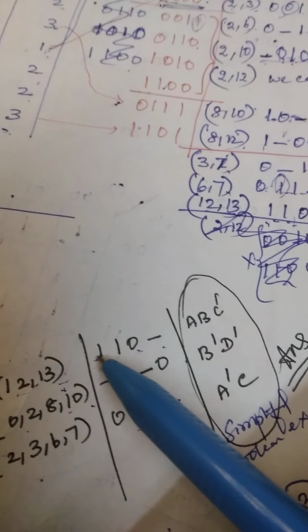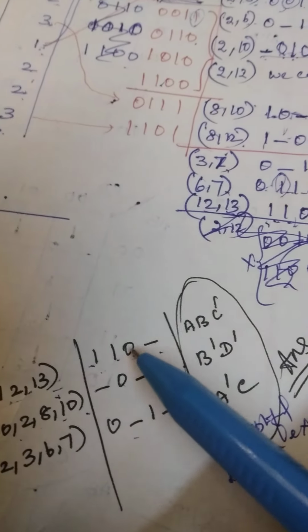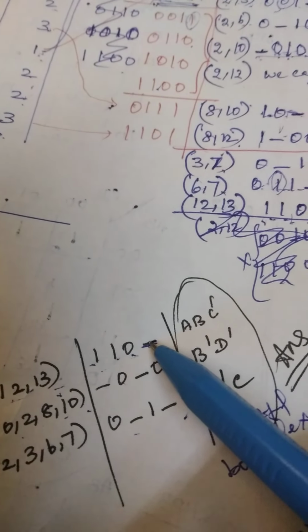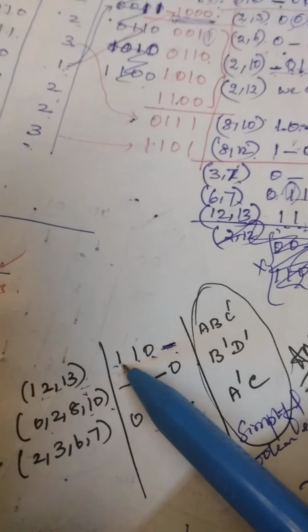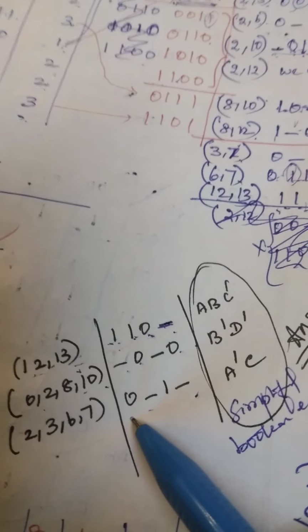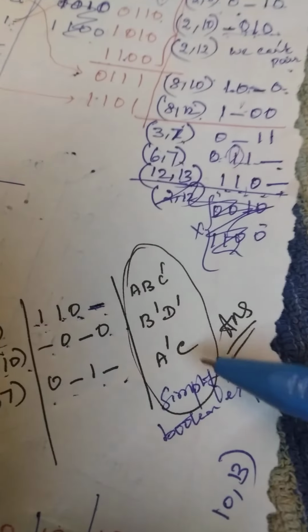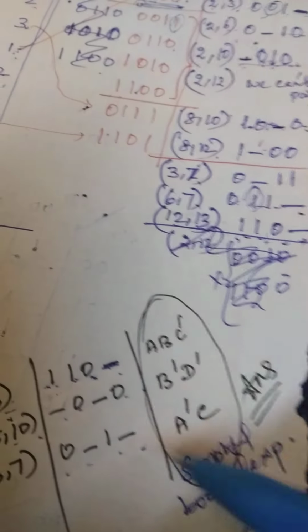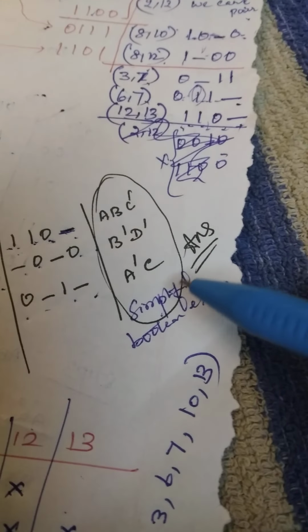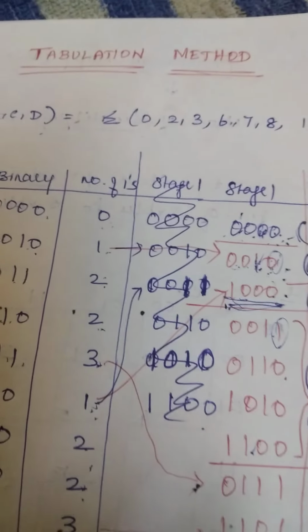This is A, 1 means A; B; this is C dash, 0 means bar; and a hyphen is nothing. So this value will be A B C dash. This will be B dash D dash. This will be A dash C. So the simplified Boolean expression for this given F is F = A B C' + B' D' + A' C. If you want, you can check using a K-map also. The same value will be coming. Thank you.